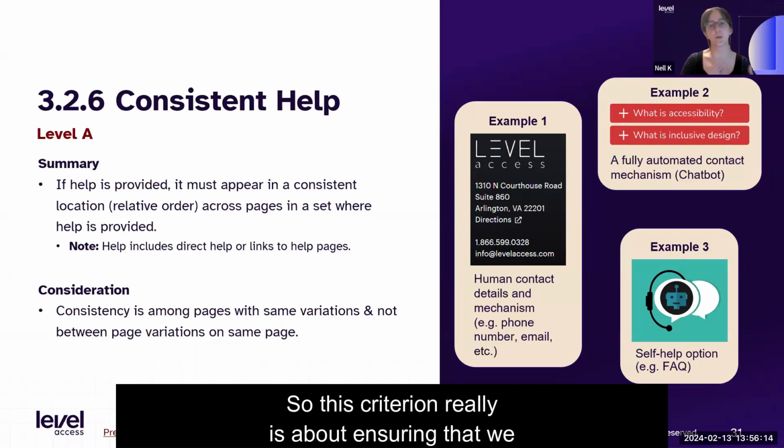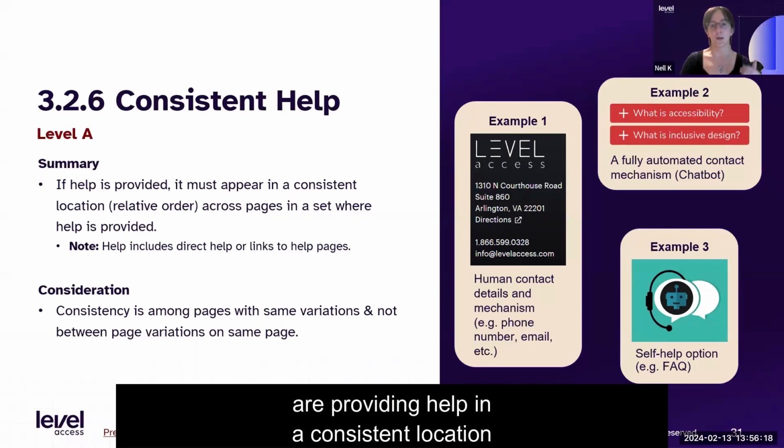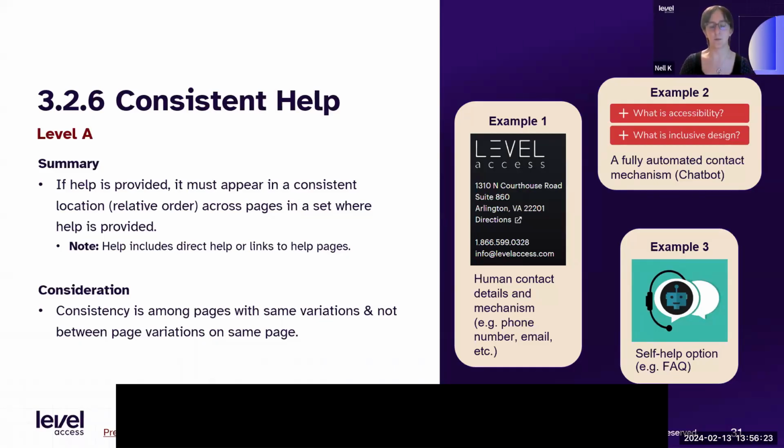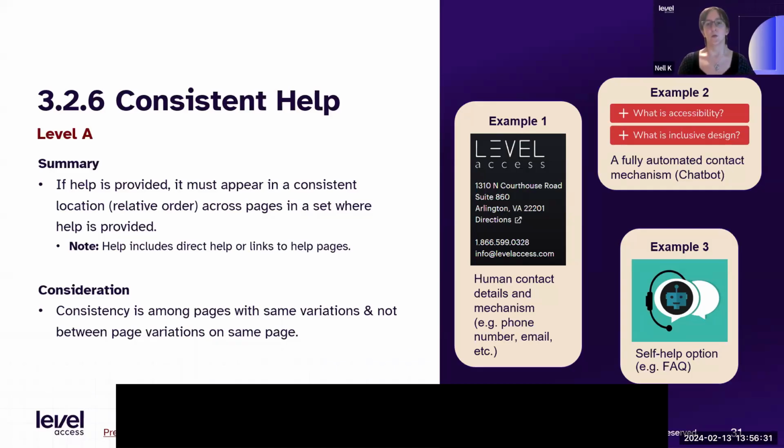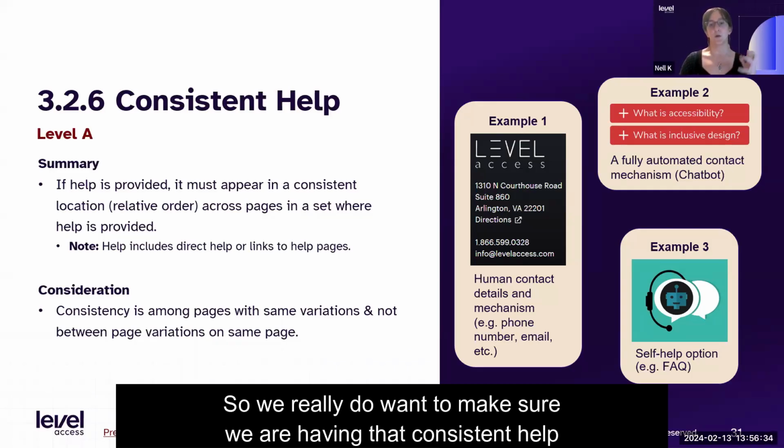So this criterion really is about ensuring that we are providing help in a consistent location across pages. So across the same variation and not between different variations, right? So we really do want to make sure we are having that consistent help example.